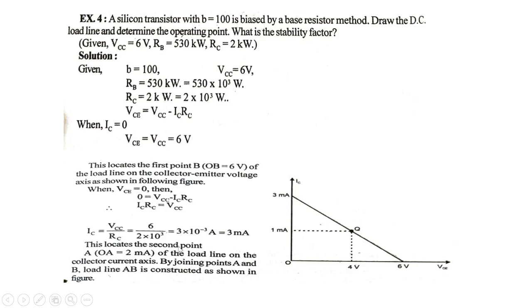This locates the second point A, OA equal to 3 milliampere, of the load line on the collector current axis. By joining points A and B, load line AB is constructed as shown in the figure.